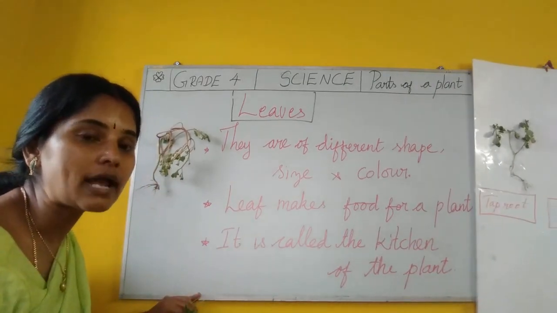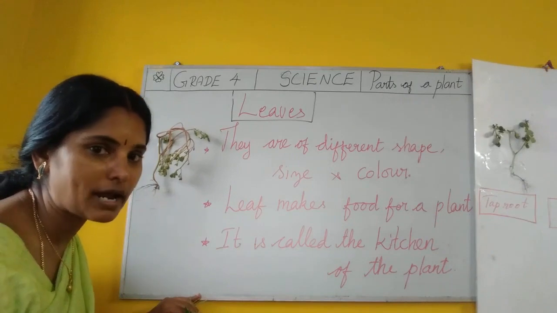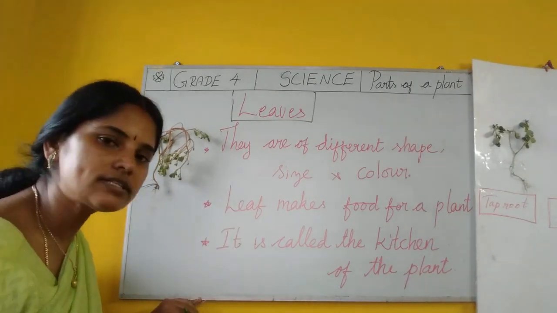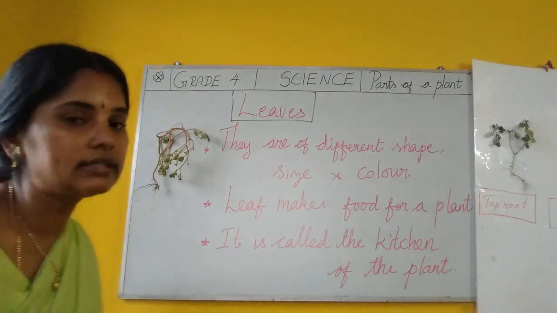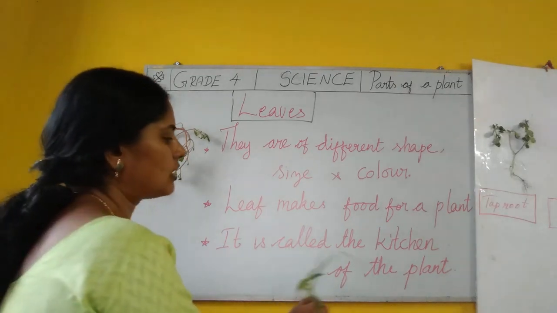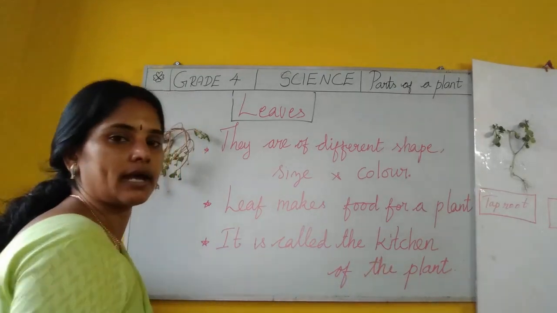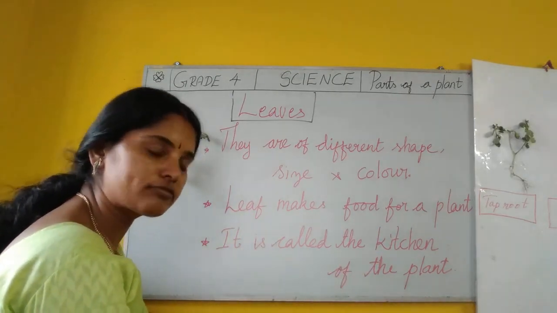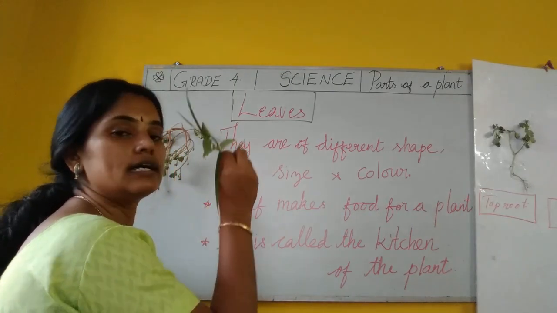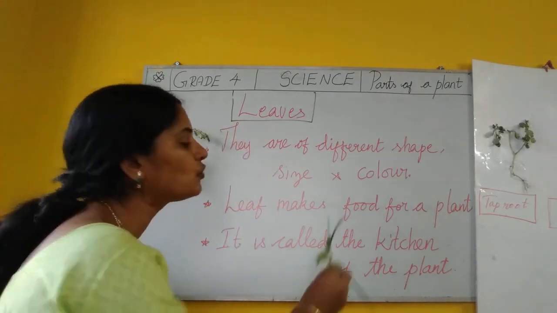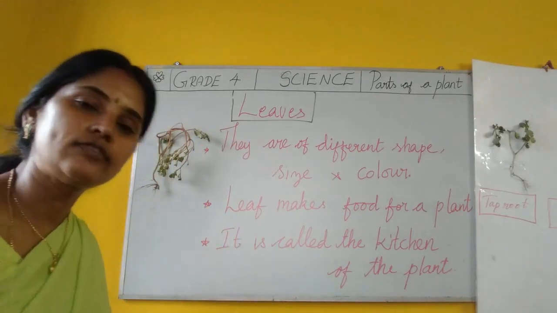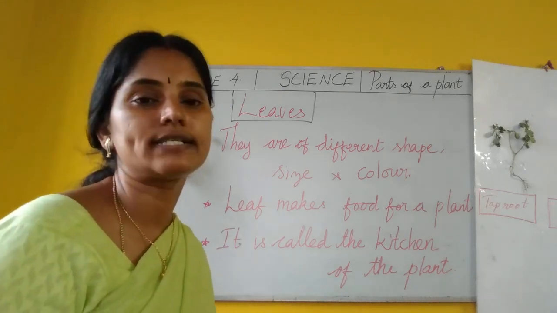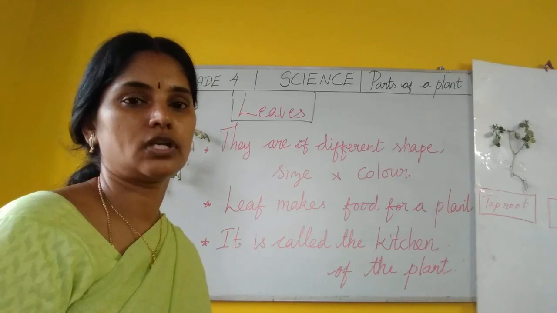Which part of the plant is called the kitchen of the plant? Leaf. Clear, children? Leaf is called the kitchen of the plant. Why is the leaf called the kitchen of the plant? Because the leaf makes food for a plant. So it's called the kitchen of the plant.